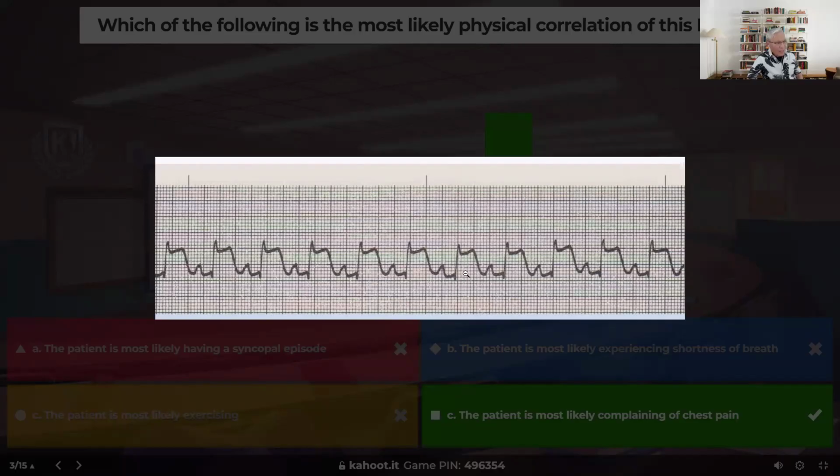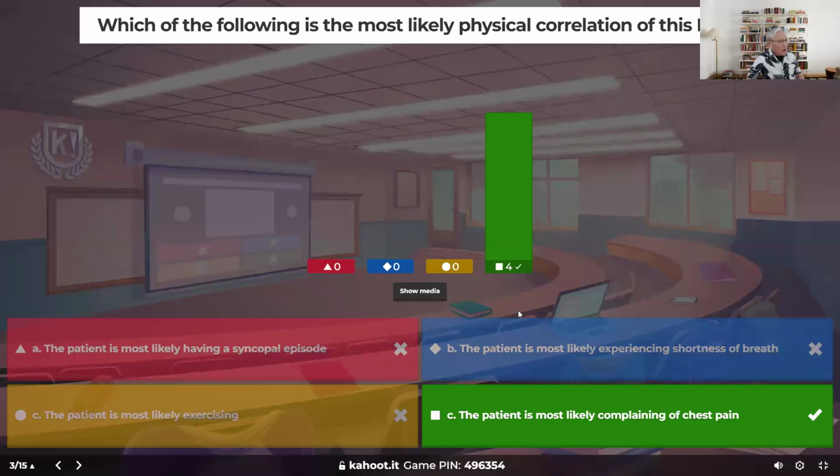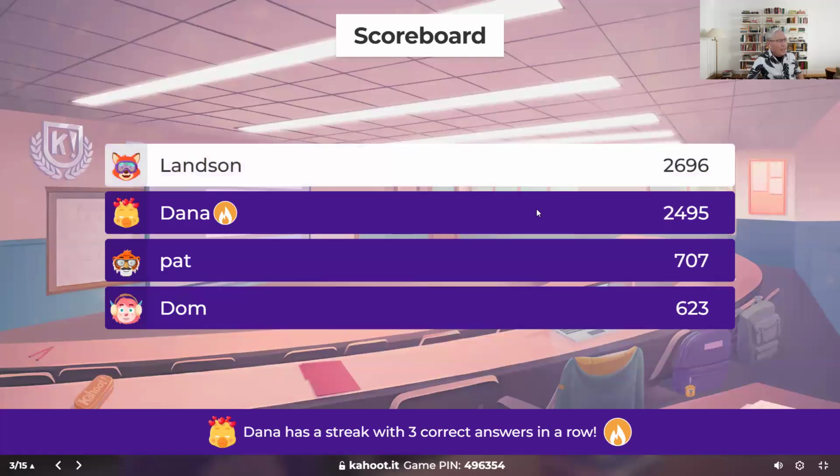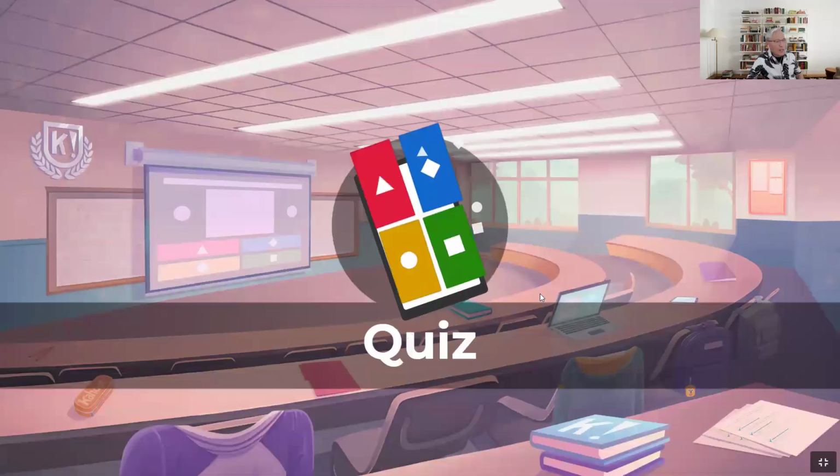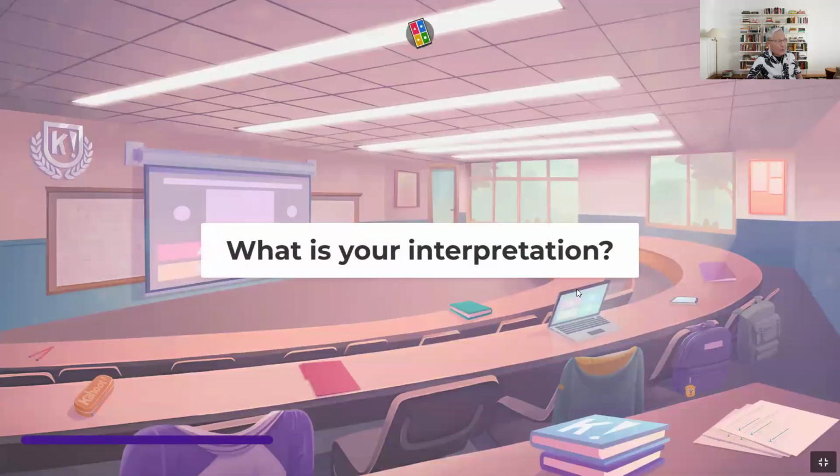Did you see that? Here is the ST segment. It's elevated. So if that is elevated, the patient is most likely complaining of chest pain. Very good. All of you got that correctly. And as usual, Lanson was the fastest again. Let's go to number 4.